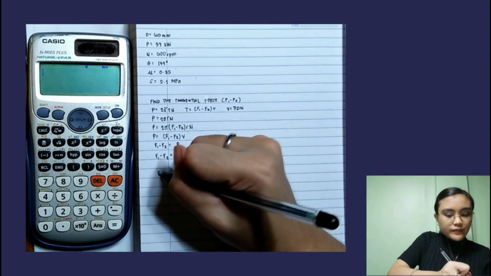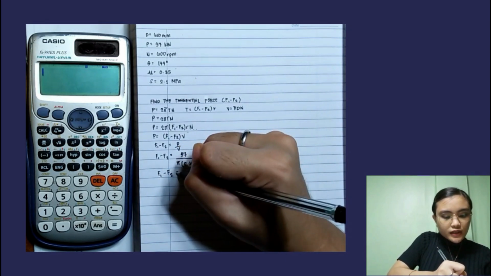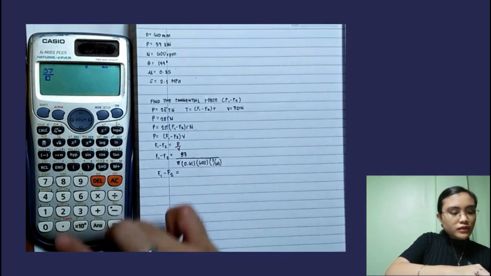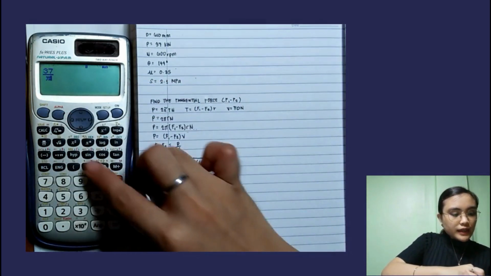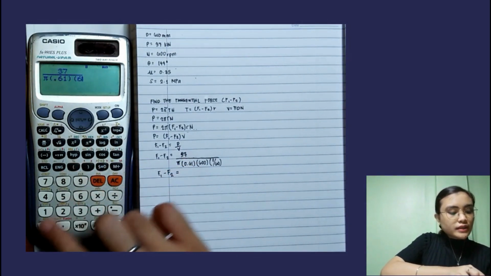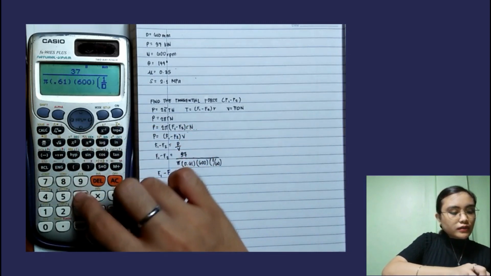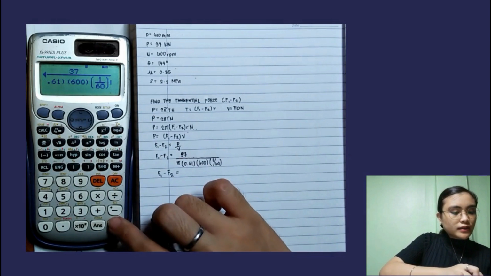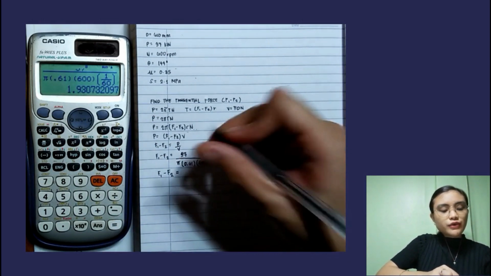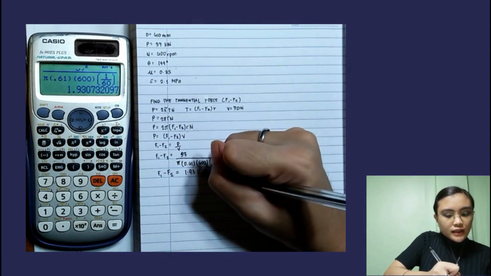So F1 minus F2 is equal to 37 over pi times 0.61 times 600 times 1 over 60. So F1 minus F2, or the tangential force, is just 1.93 kilonewton.